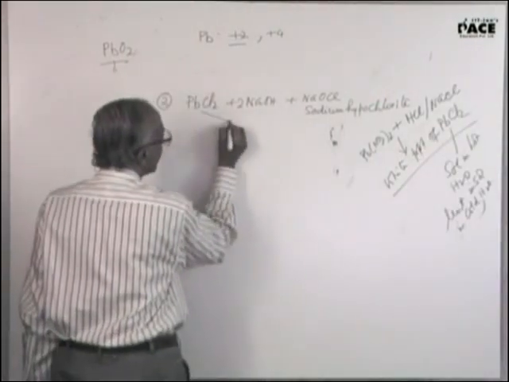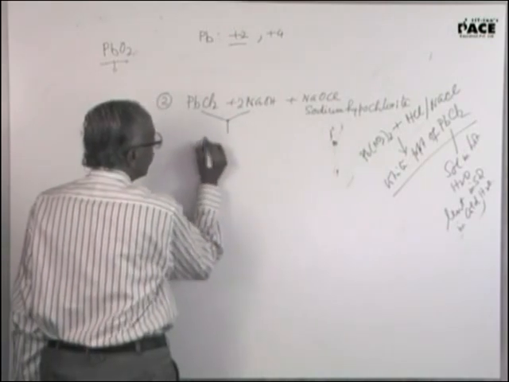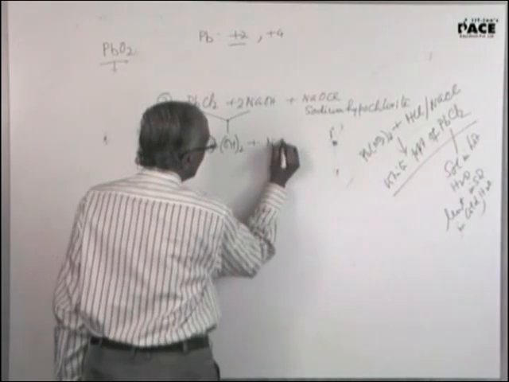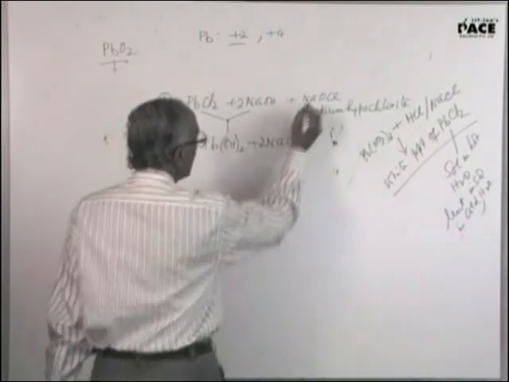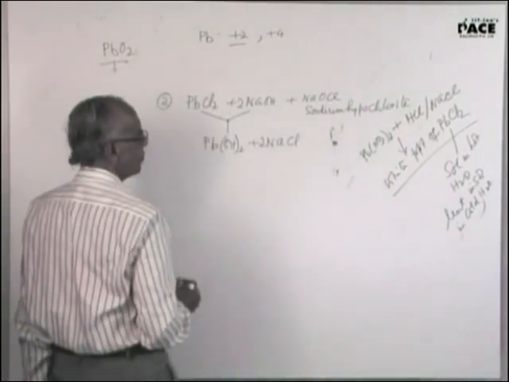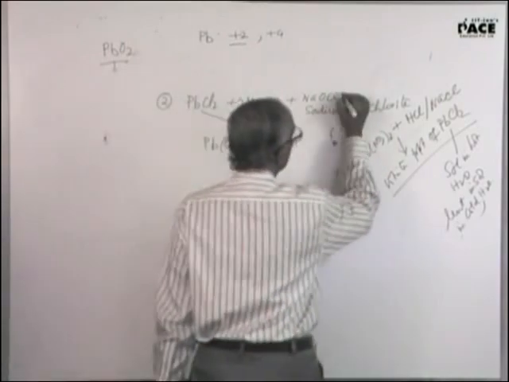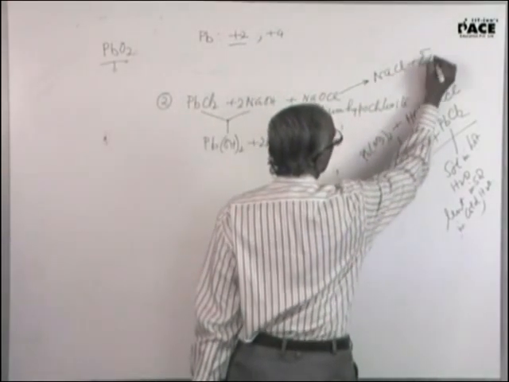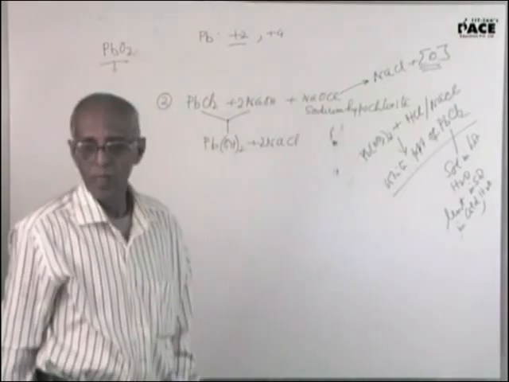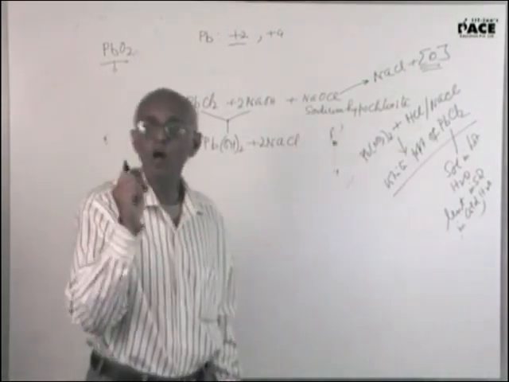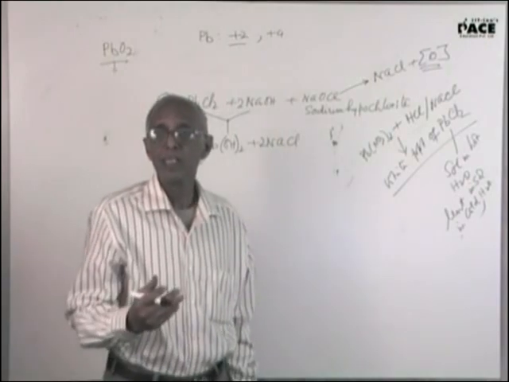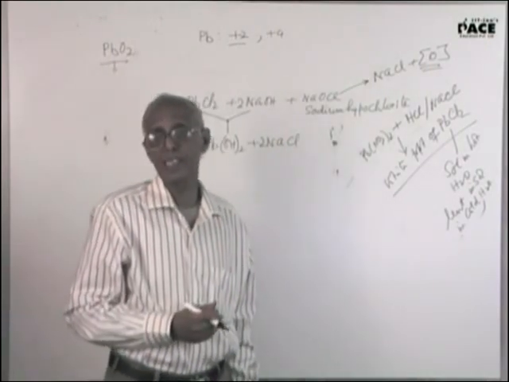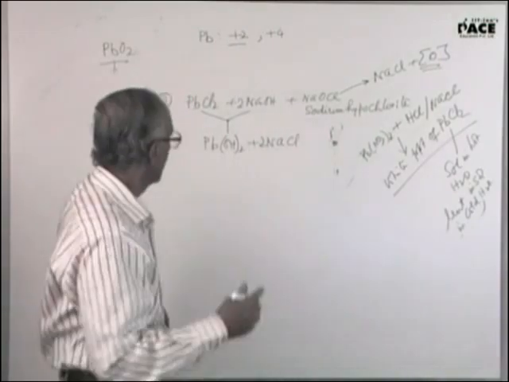Lead chloride and sodium hydroxide will give me lead hydroxide and sodium chloride. Sodium hypochlorite, you treat it as sodium chloride plus nascent oxygen. Hypochlorites are strong oxidizing agents because they evolve nascent oxygen very readily.